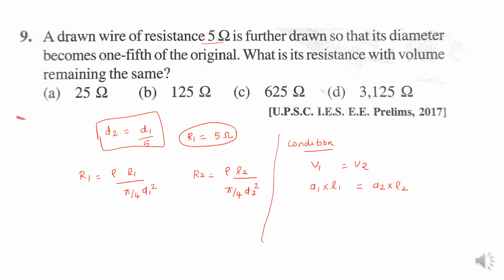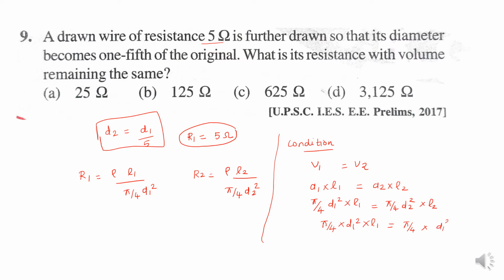Now I am going to substitute the value: pi by 4 into D1 square into L1, equal to pi by 4 into D2 square into L2. D2 is given, so again write 5 by 4 into D1 square into L1, that is equal to pi by 4 into, what is D2 square?